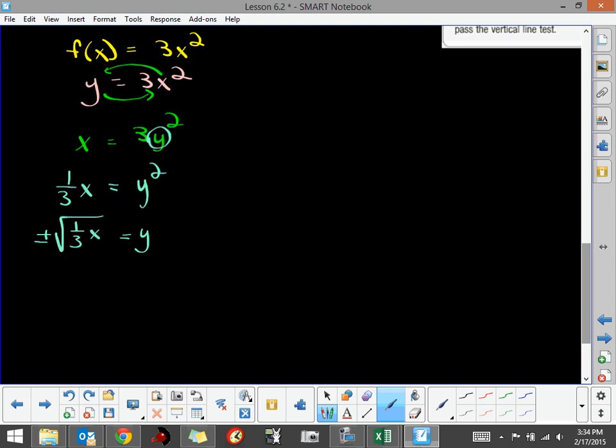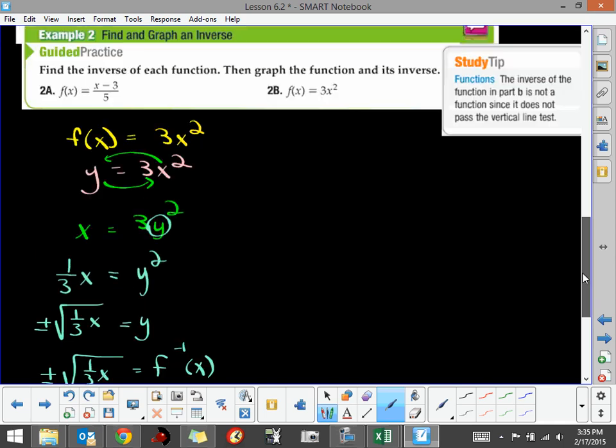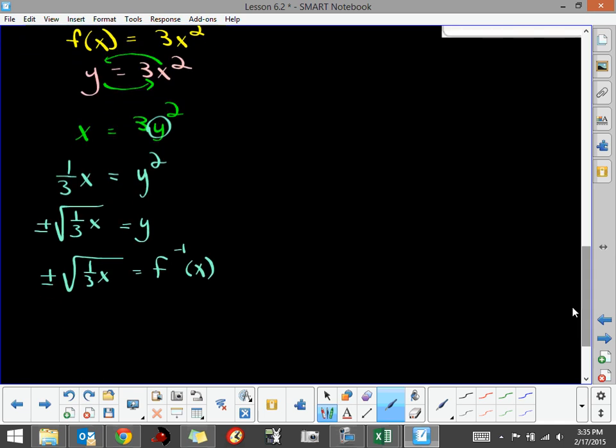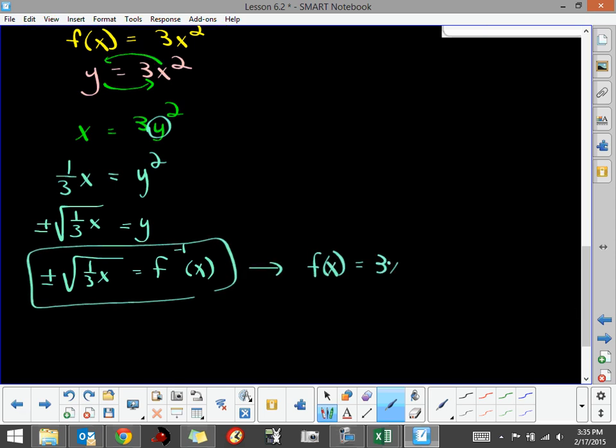So this is our inverse function, plus or minus the square root of 1/3 x should equal f inverse of x. So this is the inverse of the function that we started with, which was f of x, defined to be 3x squared.